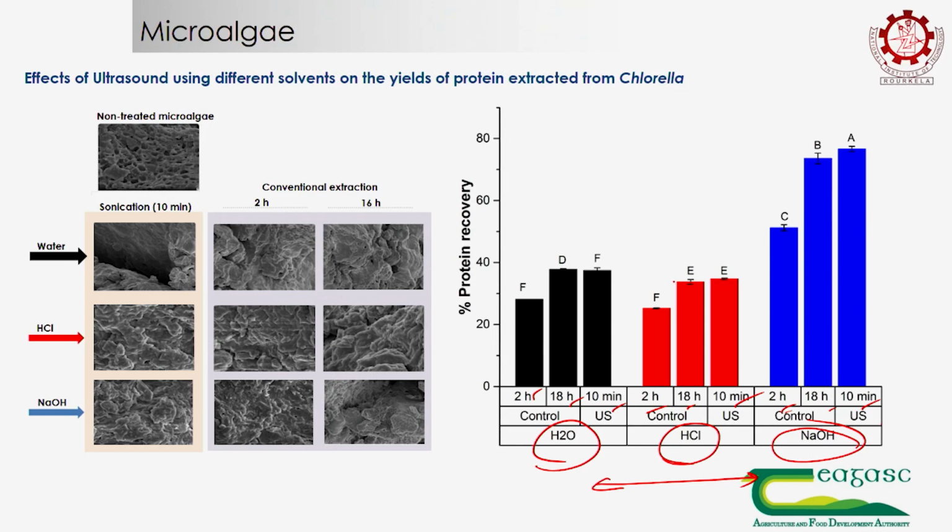So, here 18 hours and 10 minutes was the same. That means you are reducing a significant amount of time, and in order to see how it changes the structure, these were the images taken using scanning electron microscopy, which cannot be seen very clearly on this particular screen, but you can see how ultrasonics can damage the surface to improve the extractability of the biomass.